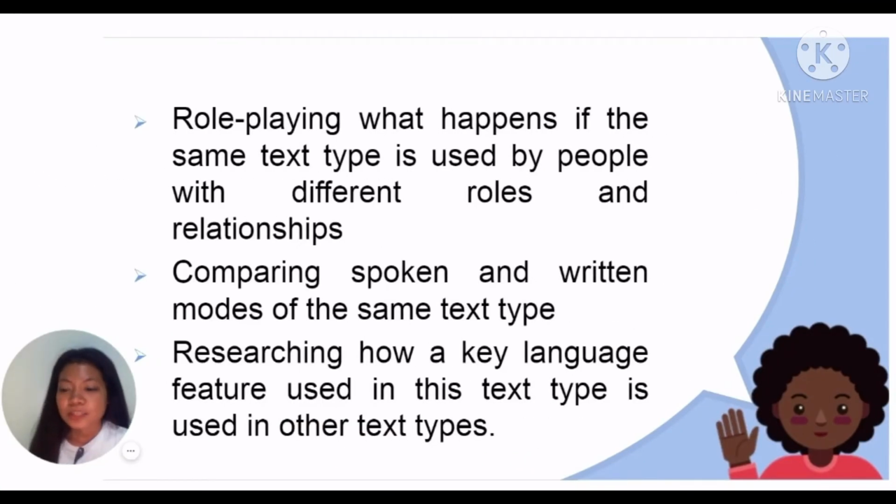Okay, now let's proceed to the next activity, role-playing what happens if the same text type is used by people with different roles and relationships. In this, linking ideas to action provides a progressive interaction metaphor for generating diverse ideas.